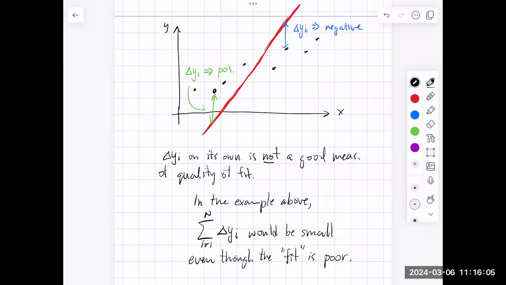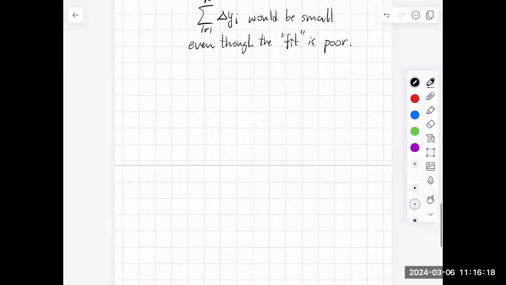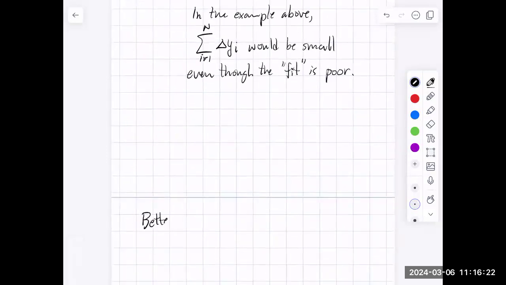So we're going to stick with this idea of working with these deviations, but we're going to make a little revision. We're going to think more carefully about this. Okay, so let's start a new fresh page, a better approach.